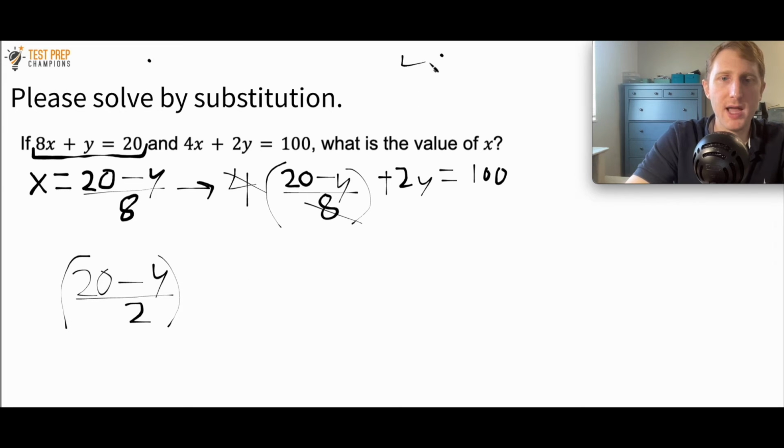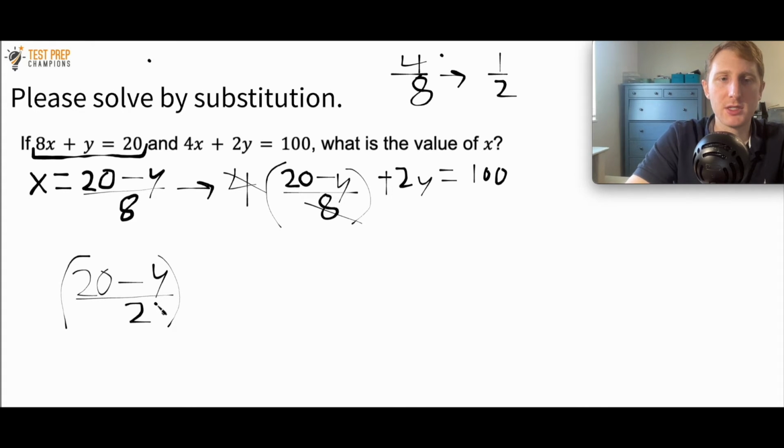If I just had 4 over 8, I could lower this fraction to 1 over 2, because 4 divided by 4 is 1, and 8 divided by 4 is 2. So that's why I changed this to (20 minus y) over 2. If you have had any trouble following that, don't worry. I recommend checking out one of my videos where I talk about lowering fractions. I'll try to remember to put a link to that in the description below.